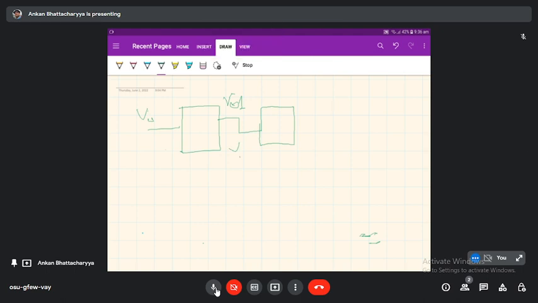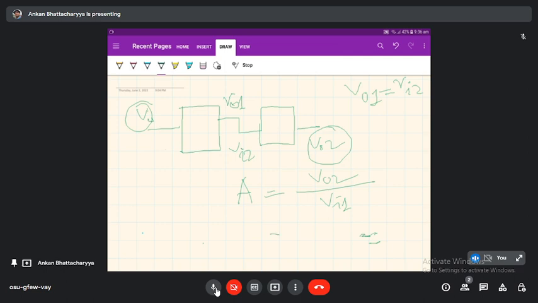If the input of the next stage is Vi2 and the output of the next stage is VO2, then from our principle of multistage amplifier we know that VO1 is equal to Vi2, and the overall voltage gain becomes the output of the second stage divided by the input of the first stage, Vi1.